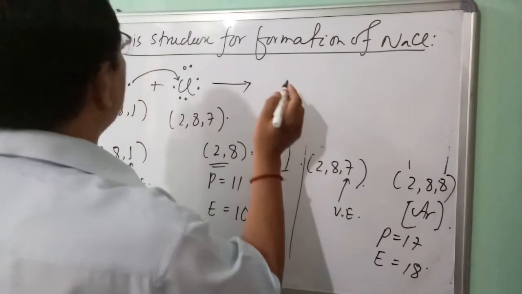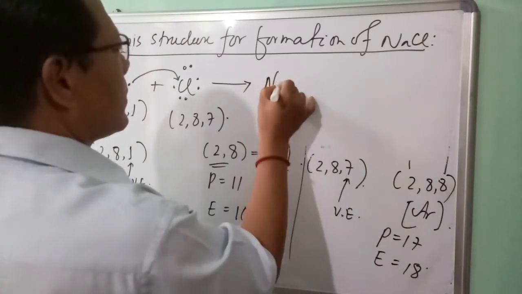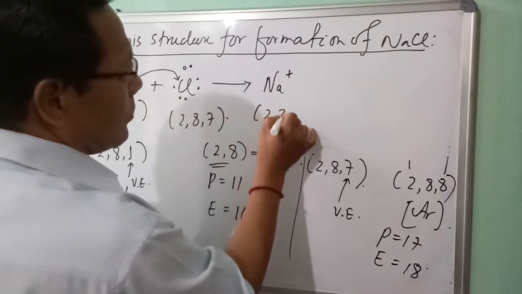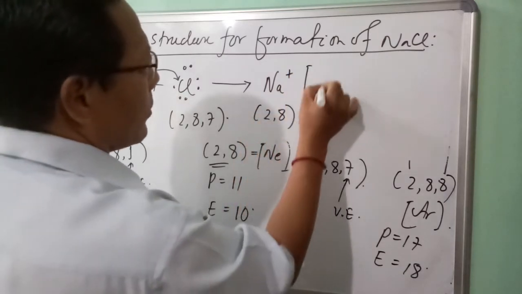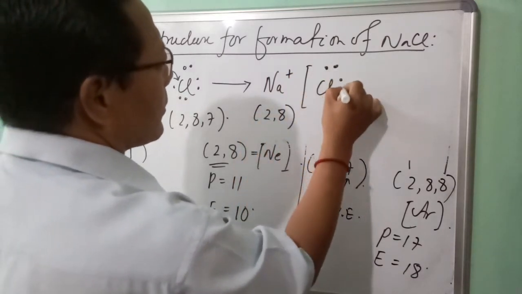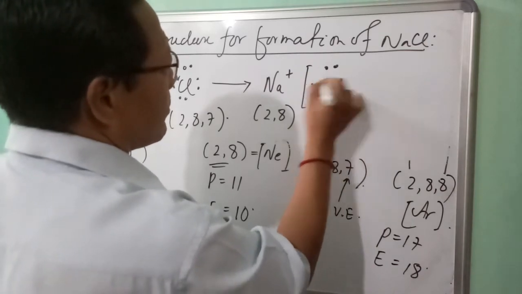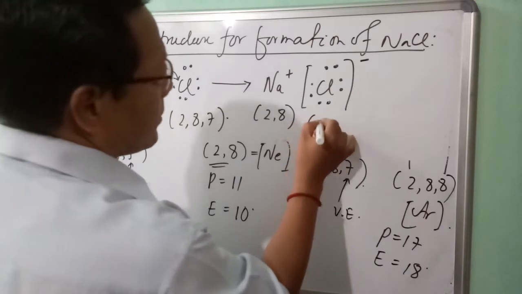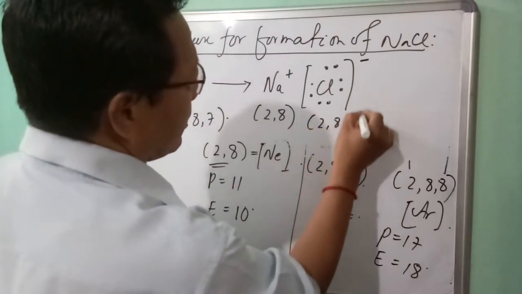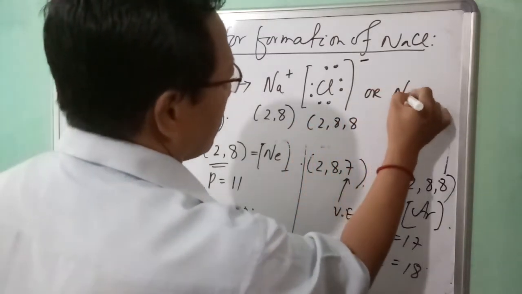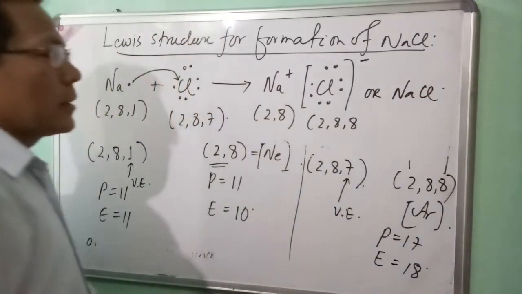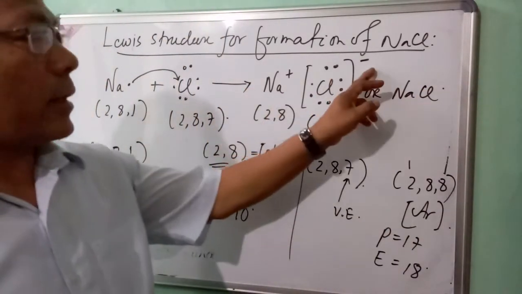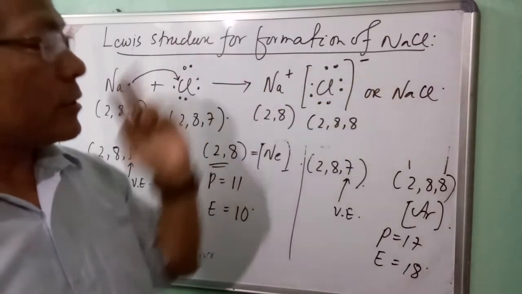The sodium ion gets the stable configuration of neon, and chlorine gains the electron, getting the configuration of argon. So this is the formation of ionic bond between the sodium ion and chloride ion.